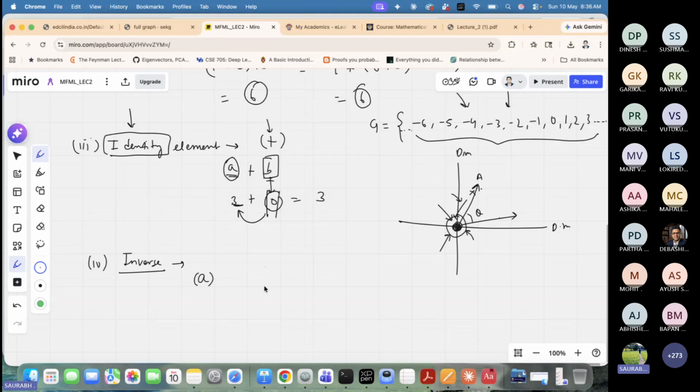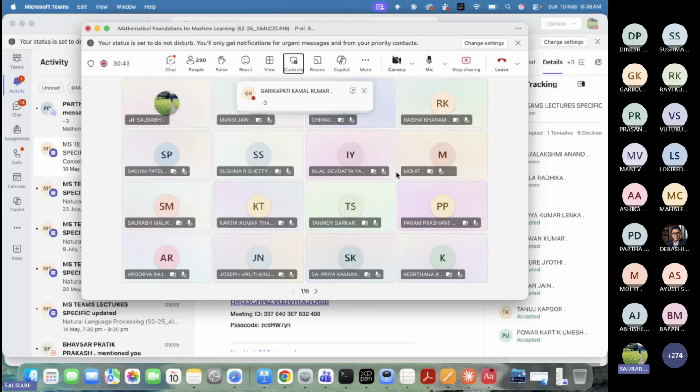So let's say the number is 3. What do you think? If I am taking the operation as addition itself, what is that number that can get combined with 3 and make the inverse of what 3 brings in? Is there a number in this set? Minus 3, right?